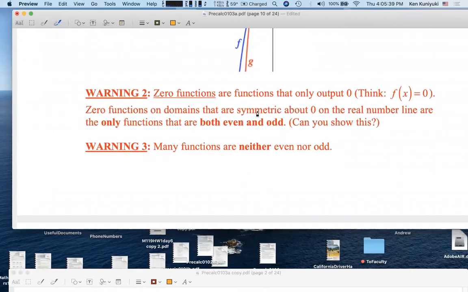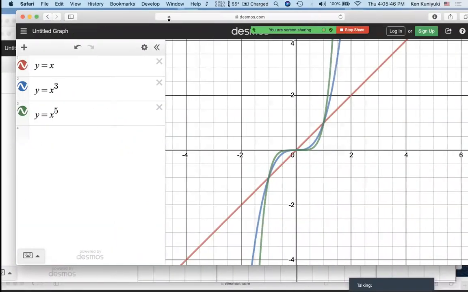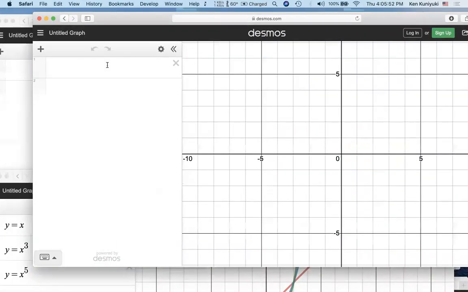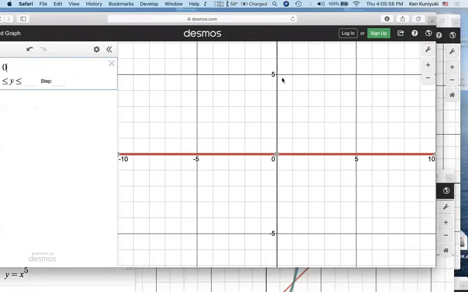Are there functions that are both even and odd? Yes. The 0 function on R is both even and odd. Y equals 0. Look at that graph. Is it symmetric about the y-axis? Yes, the graph is even. Is it symmetric about the origin?